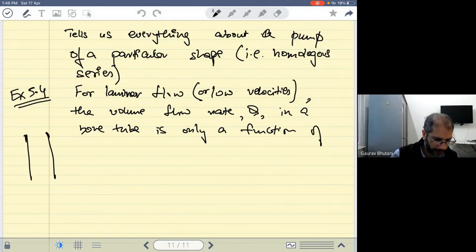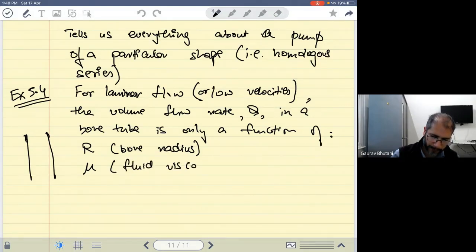The first one is the bore radius. The second one is the viscosity of the fluid. And the third one is the pressure drop per unit length.